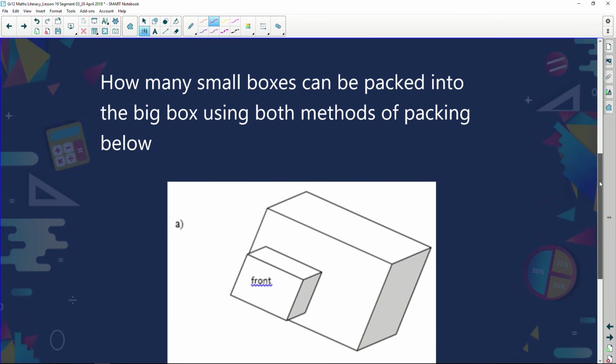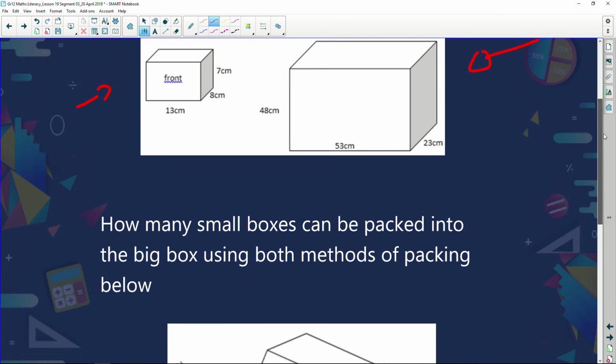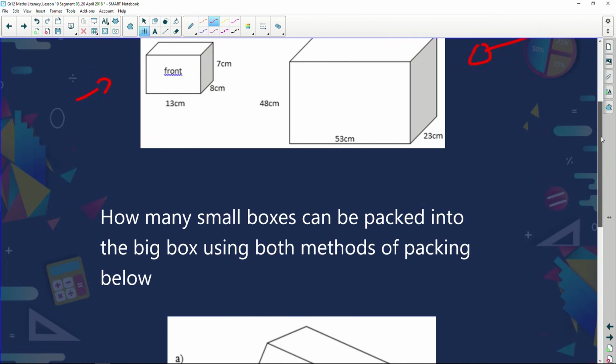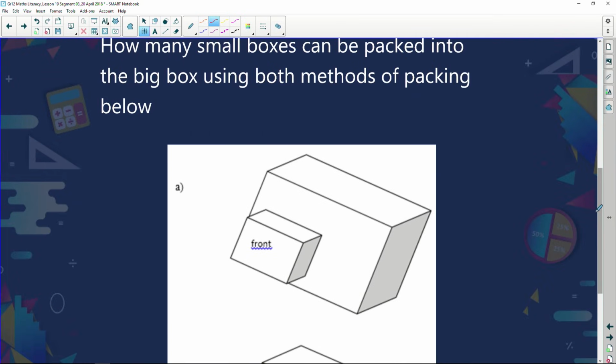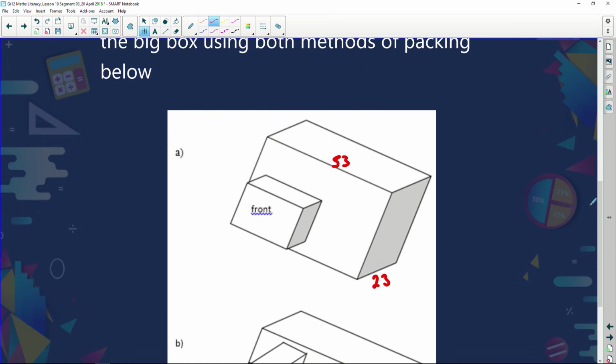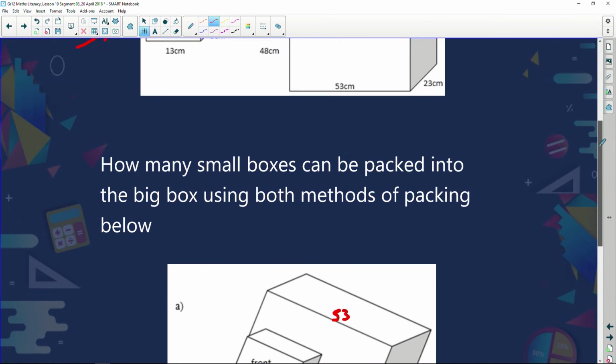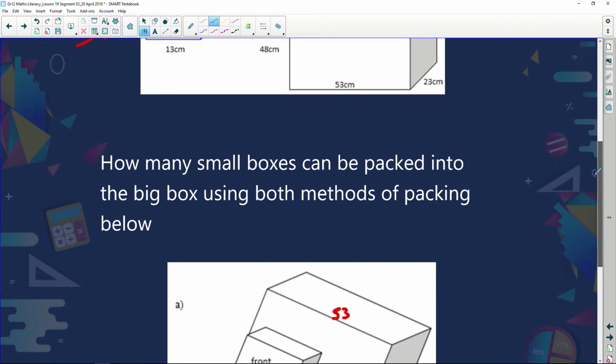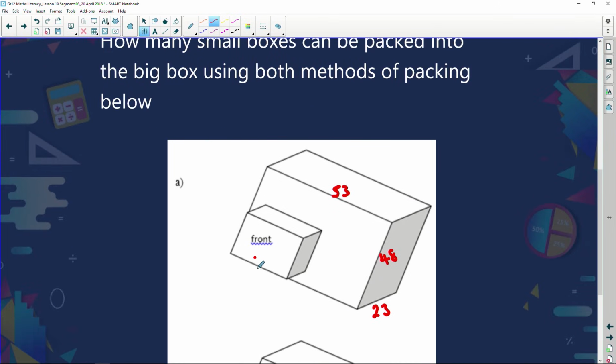Now, we just need to get these dimensions again, so I'm going to write these dimensions down. We've got 23 and 53, so I know this is 23, and this long side here is 53. I also know that the height of my box is 48, so that is 48. Then I have my tiny little box, and my tiny little box is 13 centimeters this way, so that is 13 centimeters.